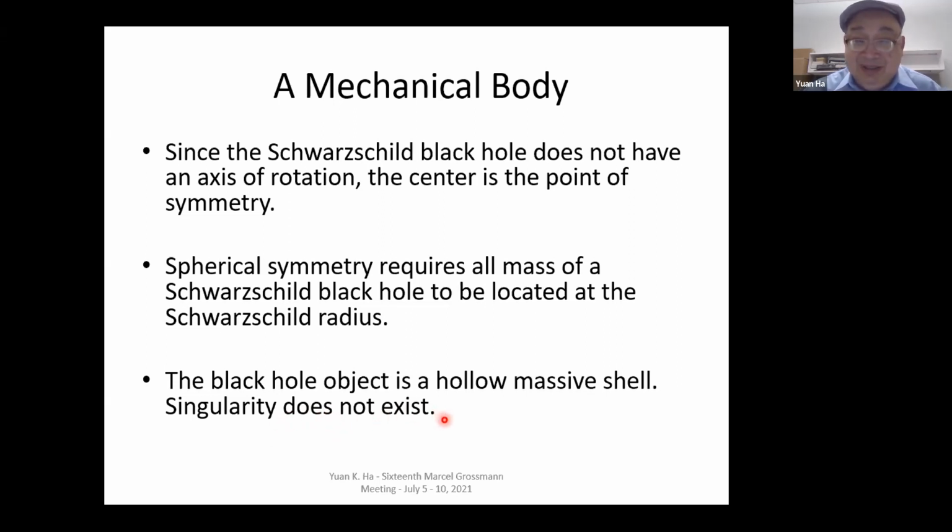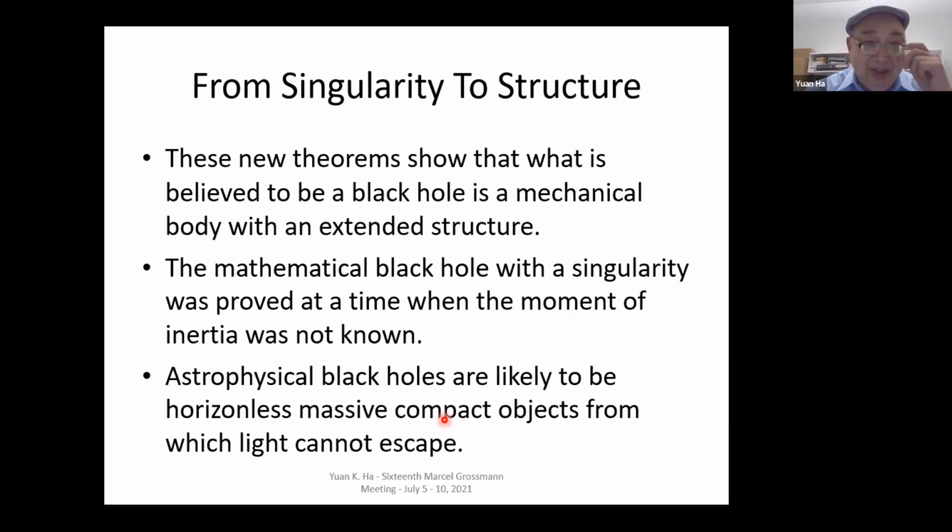So I have a physical reason for the non-existence of singularity. So the black hole is like a mechanical body. In conclusion, we see that these new theorems show that what is believed to be a black hole is a mechanical body with an extended structure.